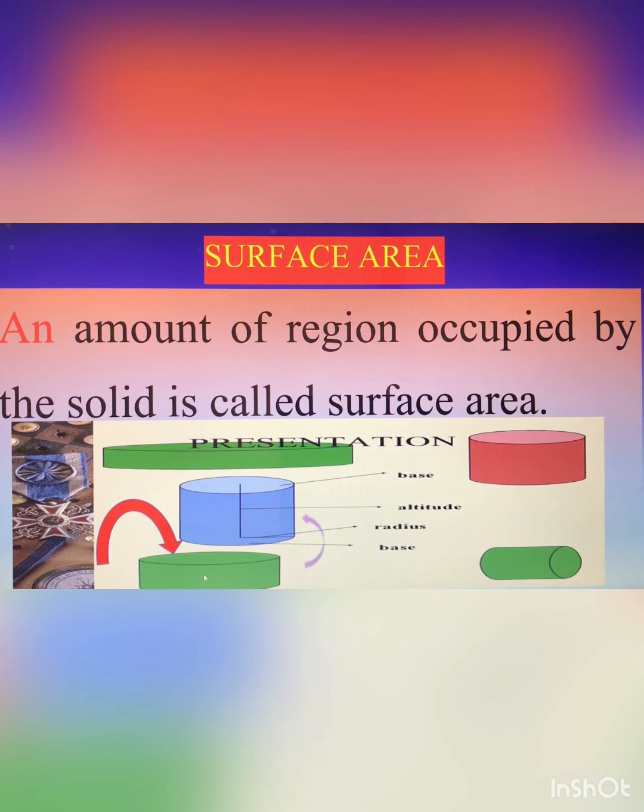For the second one, the blue part which you see is also surface area. After that, here you can see the top part and this front part, this is also known as surface area.